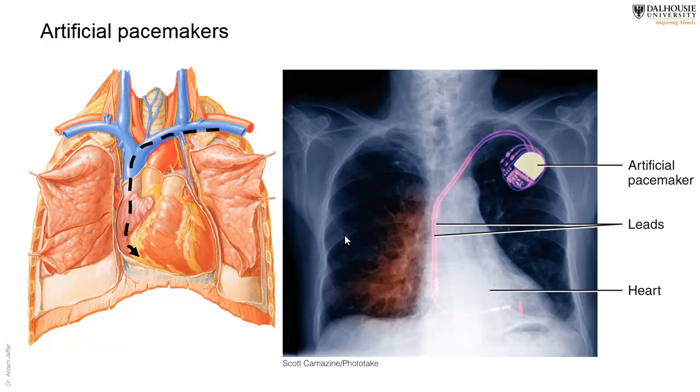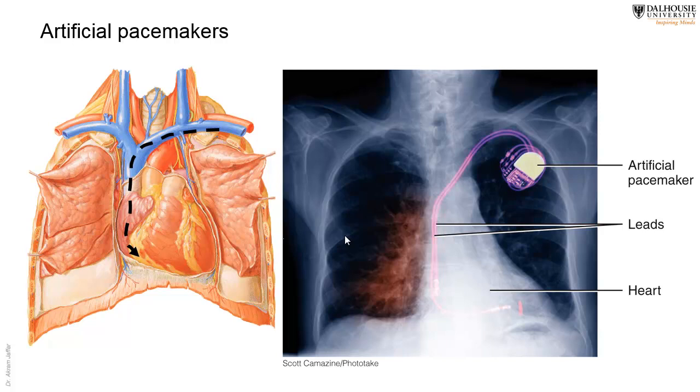The subclavian vein is just under the clavicle here, and can be easily entered by the lead, and then this will be introduced into the superior vena cava and the right atrium. You can see it here. One of the leads is inside the right atrium. The other continues through the atrioventricular opening into the right ventricle.